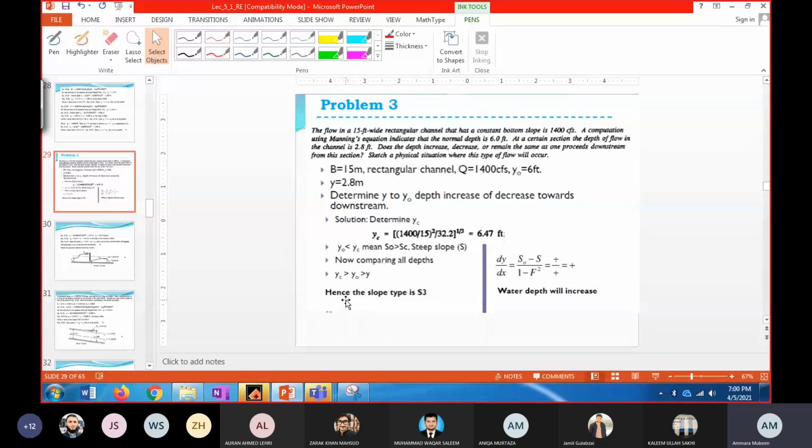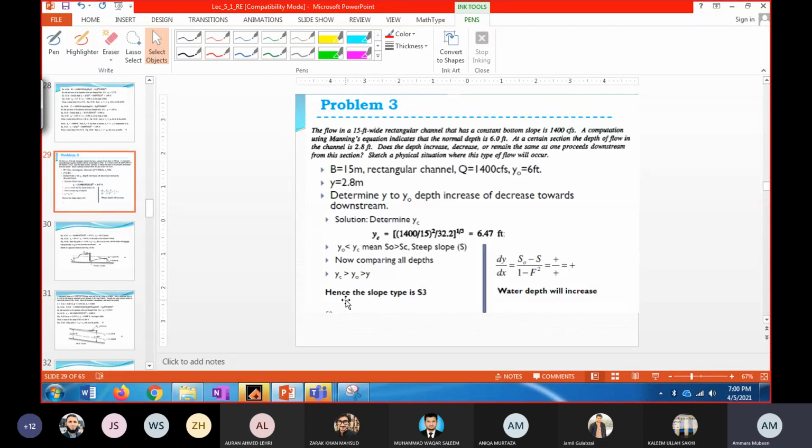So as YC is 6.47, which is greater than the uniform flow depth, which is 6 feet, it means that as YC is greater than Y naught, the bed slope is steep.